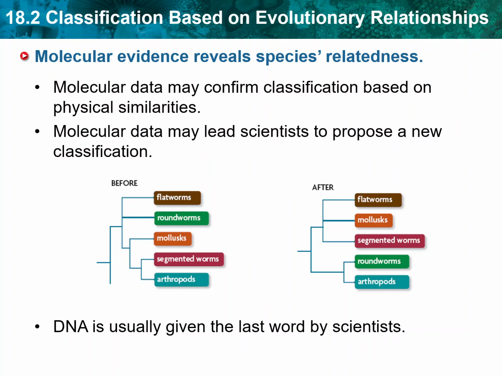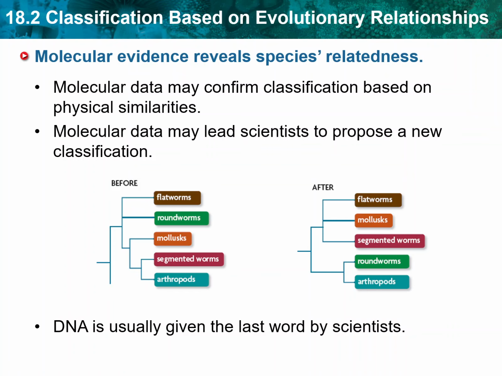Second main idea: molecular evidence reveals species relatedness. It is possible to use physical characteristics, such as protected eggs, to build evolutionary trees. In this example, a protected egg is a derived character shared by all species in the amniota clade.